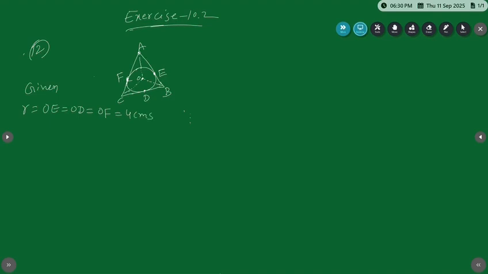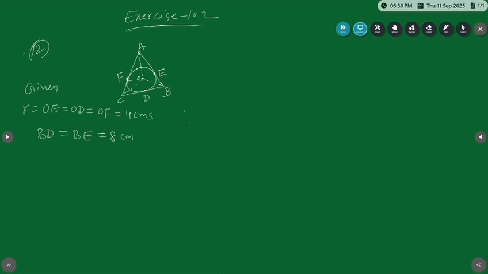Here B is the external point of tangents BE and BD. So in this problem, BD equal to BE equal to 8 centimeters.